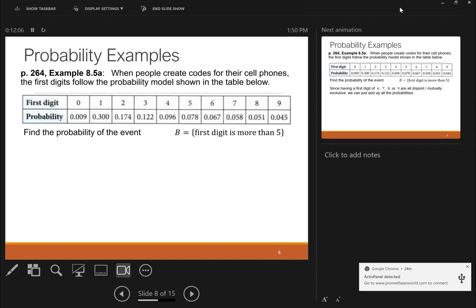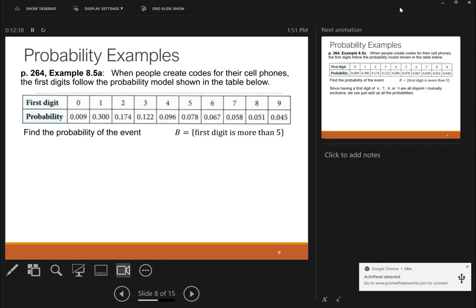Okay. Find the probability the first digit is more than 5. What are the outcomes in that event? Does that include 5? It says more than 5. What are the outcomes in that event? Just 6, 7, 8, 9.